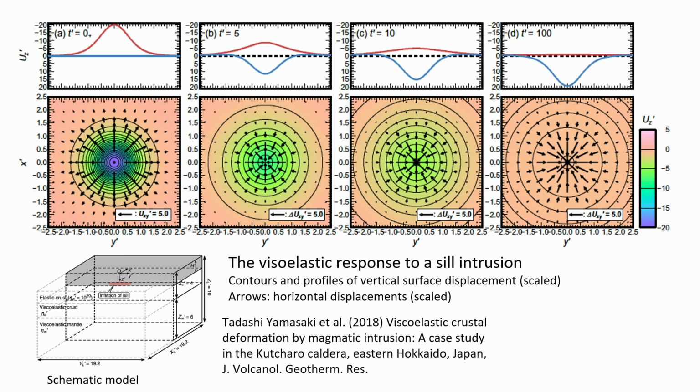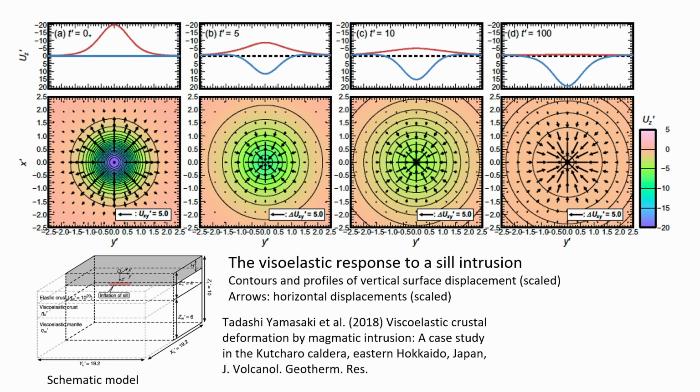The other figures show deformation at times corresponding to 5, 10, and 100 relaxation times. Contours and profiles of the surface displacement are shown in the vertical direction. The red curve on the profile plots shows the vertical location at any given time. The blue shows changes in vertical since after the intrusion took place.